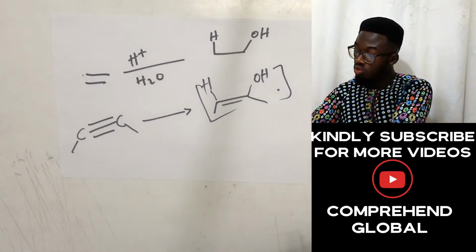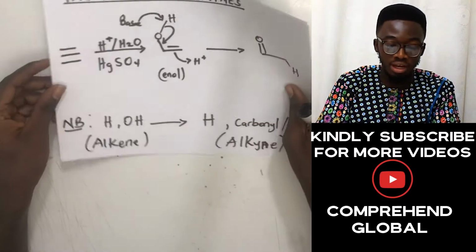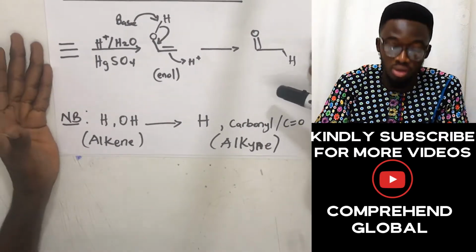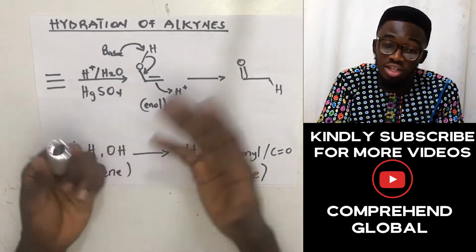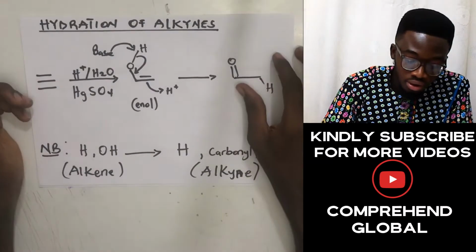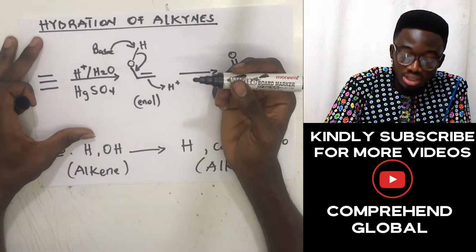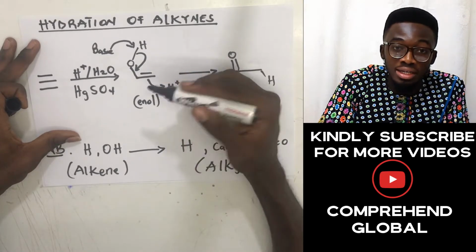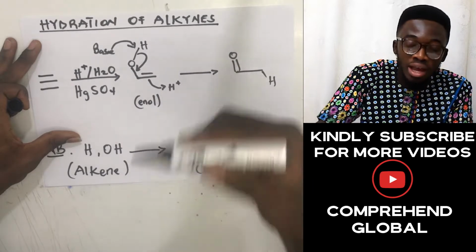Now, when you add H plus in water to a triple bond, this is what forms. You get an enol. When you add H plus in water, or in H2SO4, there is an enol formation. That's an intermediate, and it changes again.